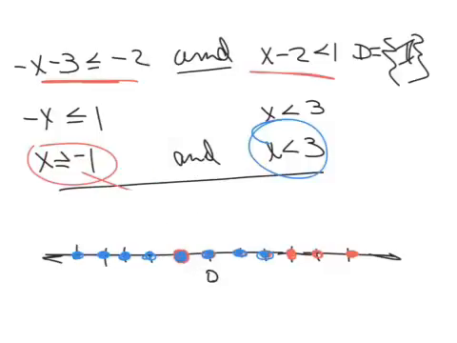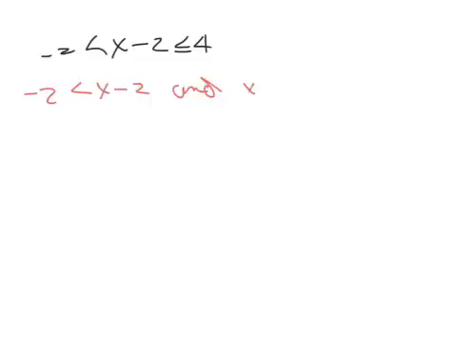Alright, we'll get into disjunctions in a few minutes, but let's continue on with another conjunction, because conjunctions can be written like this. Notice what we've got, two inequalities, and we could write them separately with an "and."